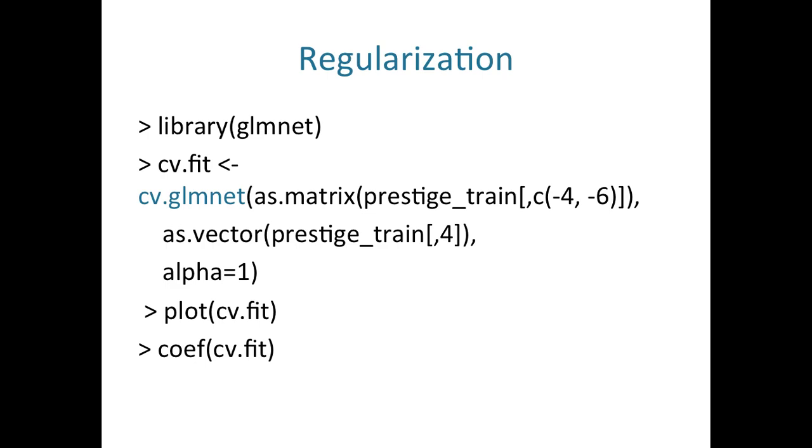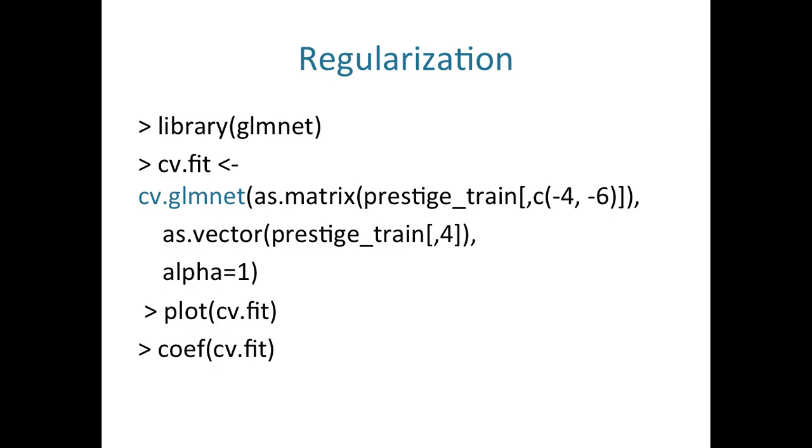In order to use regularization, there's a library in R. There are several, but we're going to be using glmnet, so you need to load it. And then we are going to be using the cv.glmnet command, which basically runs a linear regression, but with a regularization. The parameter alpha says whether you want a ridge or a lasso regularization.